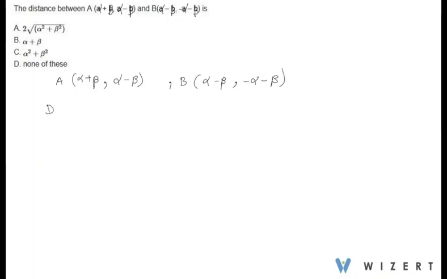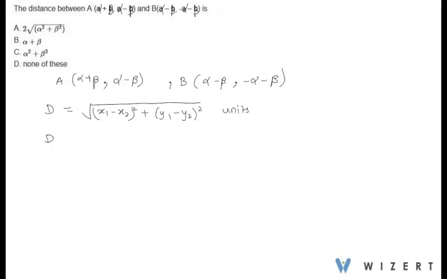Now we know the distance between any 2 points with x1 y1 and x2 y2 as their coordinates is given by under root of x1 minus x2 whole square plus y1 minus y2 whole square units.